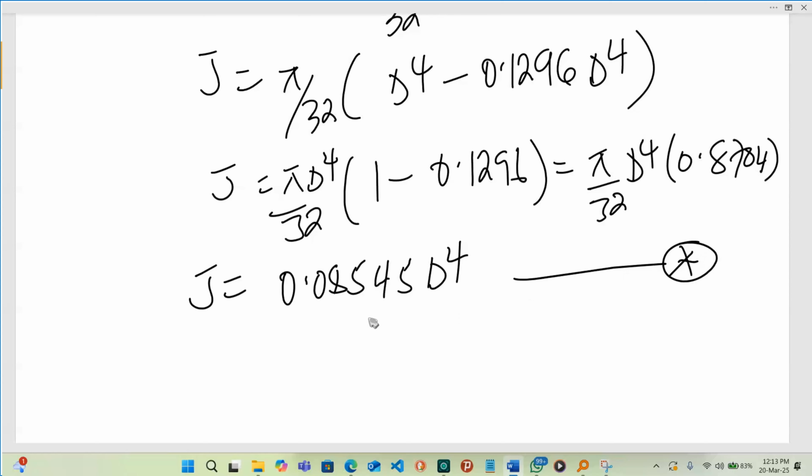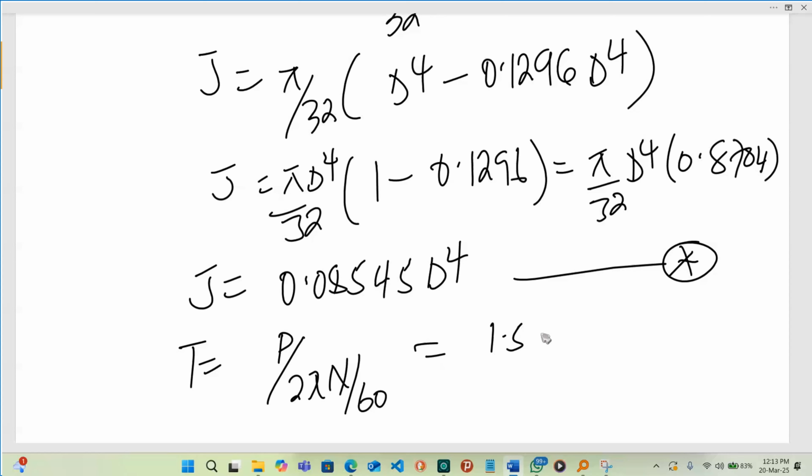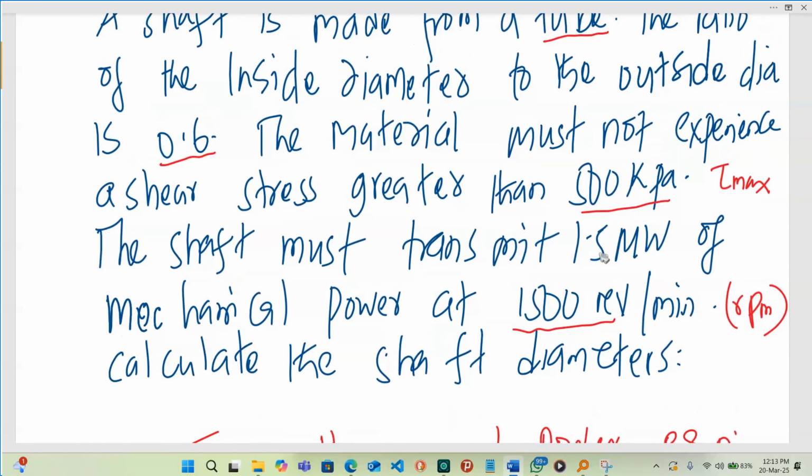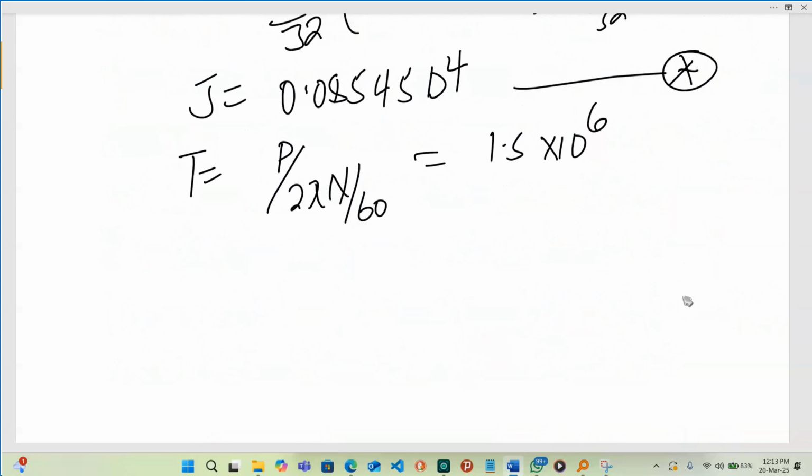So we keep that. We can get T, which is equivalent to power divided by 2 pi N out of 60. We already know that power is 1.5 megawatts, so that is 1.5 times 10 to the power 6, as given in the question.